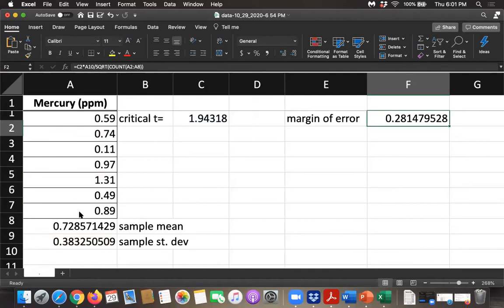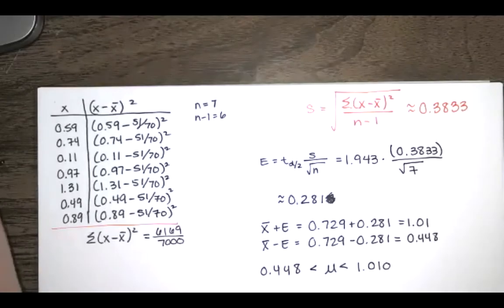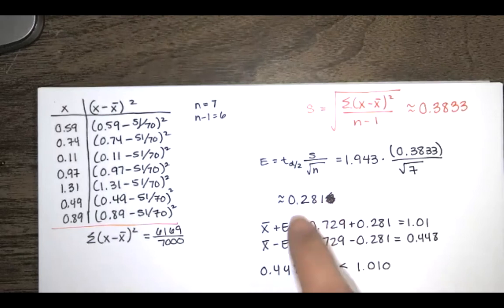Now that is the same margin of error that I got when I did this on my paper. I just want to show you again to get the same value. So now I want to take the sample mean, and I want to add and subtract the error. I'll do that in Excel.